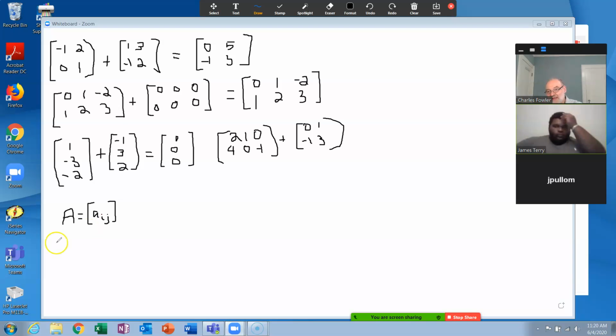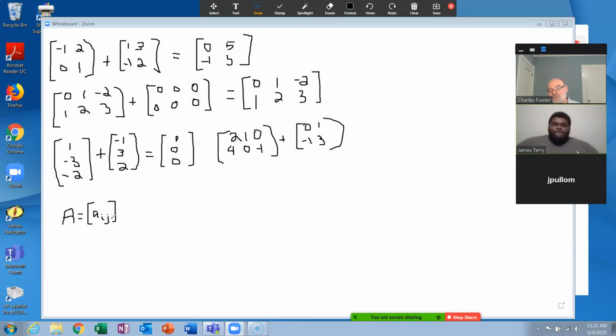What this says is that every element in this matrix A, if it has m rows and n columns, means this i could be anywhere from 1 to m, because that number gives you the identity of the row, and the j can be any natural number, any counting number, between 1 and n, the number of columns.